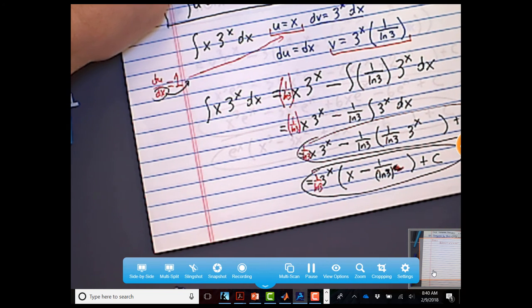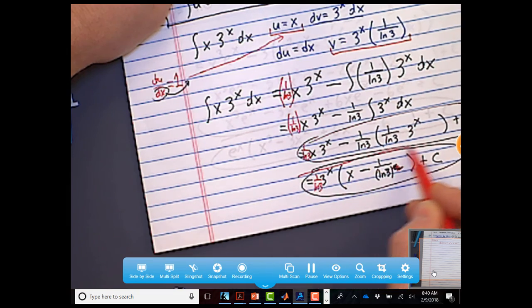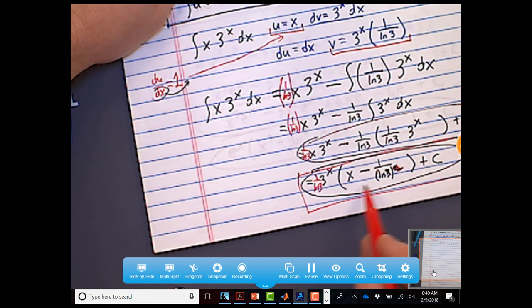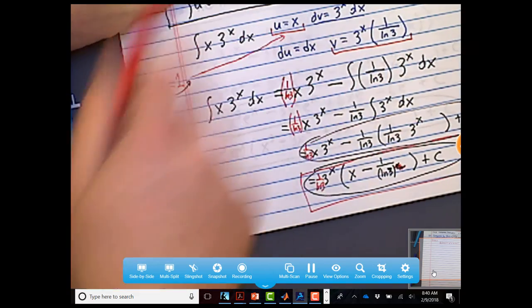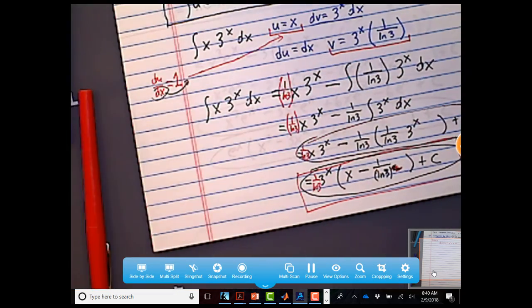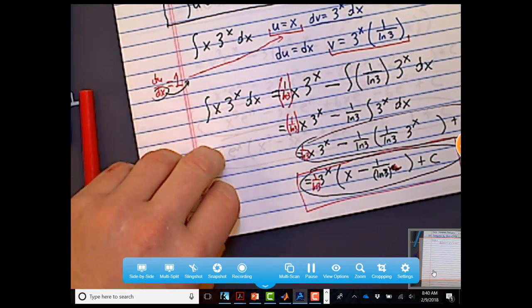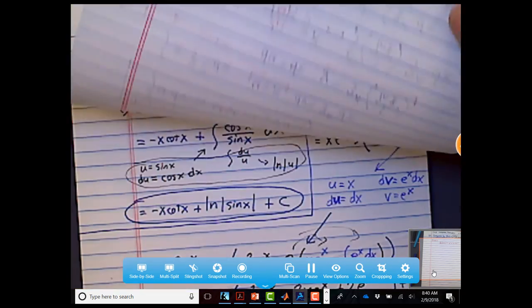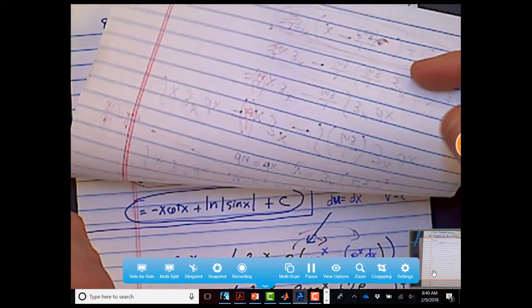Sorry about that. The answer is 1 over natural log of 3 times 3 to the x times x minus 1 over ln of 3, plus c. Well, these things happen. Joe, thanks for pointing that out. All right, moving on.